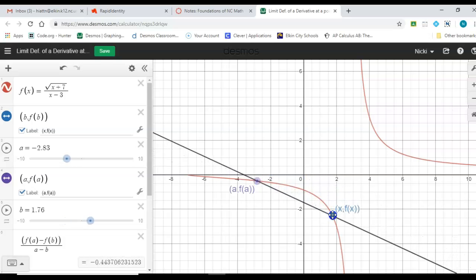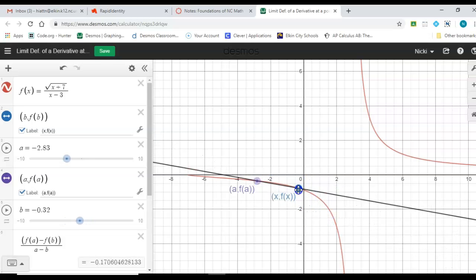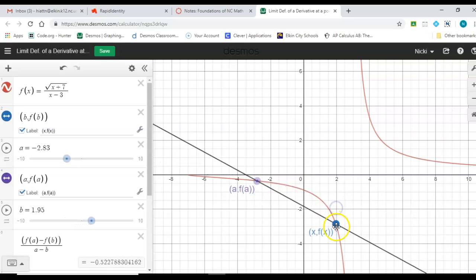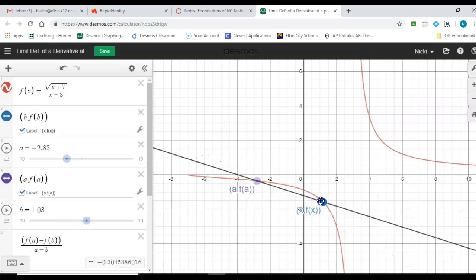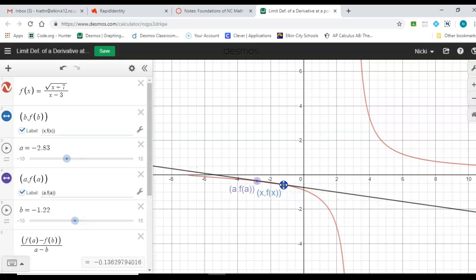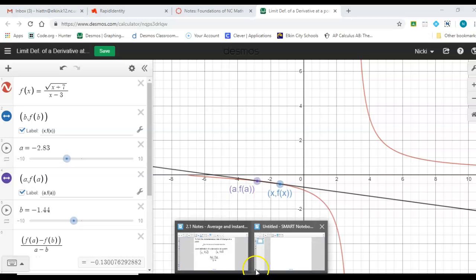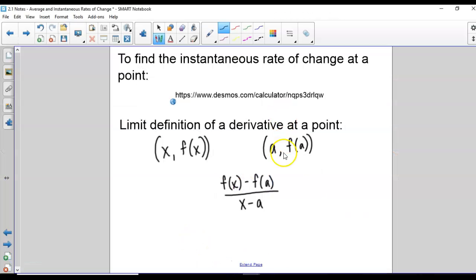As I move this point closer and closer over here, what does my x value approach? It gets closer and closer to a, whatever that a might be. So if we want to know the slope of a line at any point, then we can take the slope formula right here and do the limit as x approaches a.